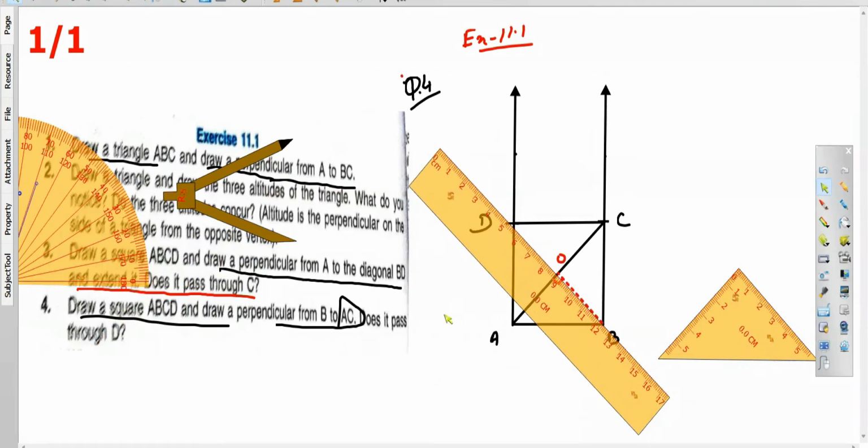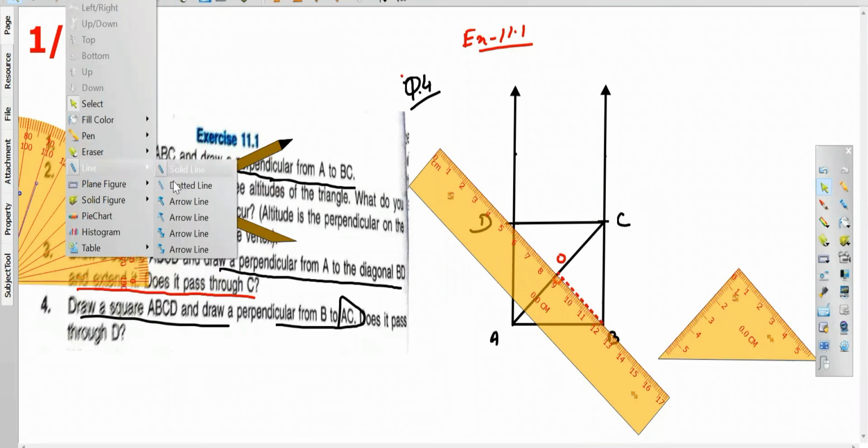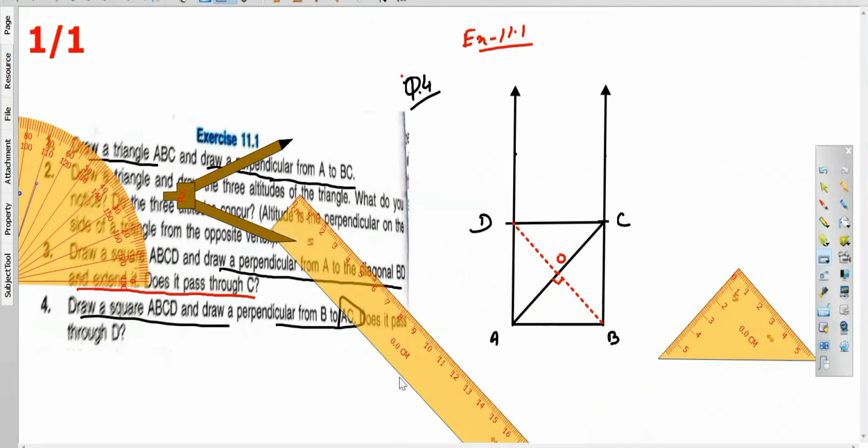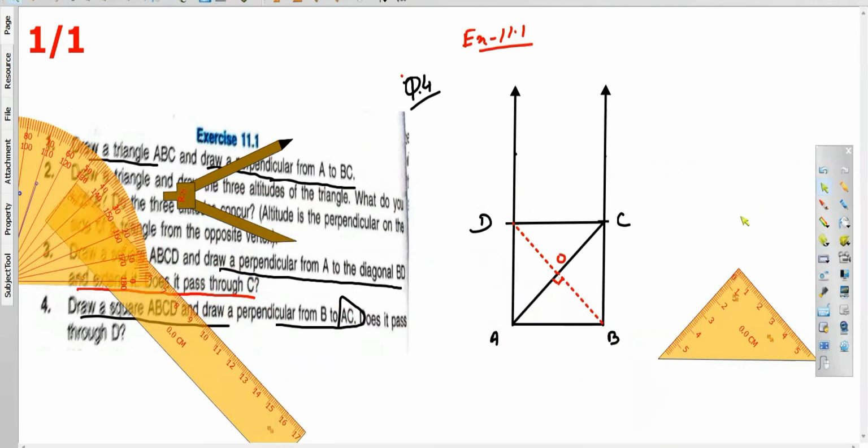Yes. Now you can see here, when I extend this OB, it will definitely pass through vertex D. See here.